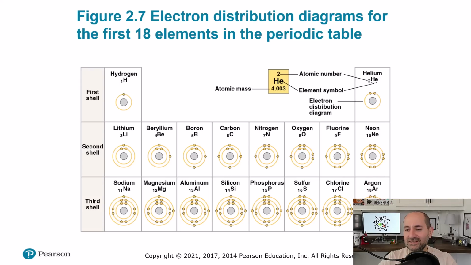Though they are kind of neat for making neon signs, the neon signs that you see in cities. But other than that, there's really not a lot of cool chemistry going on with these noble gases because they don't react with one another and they don't react with any of the other elements.